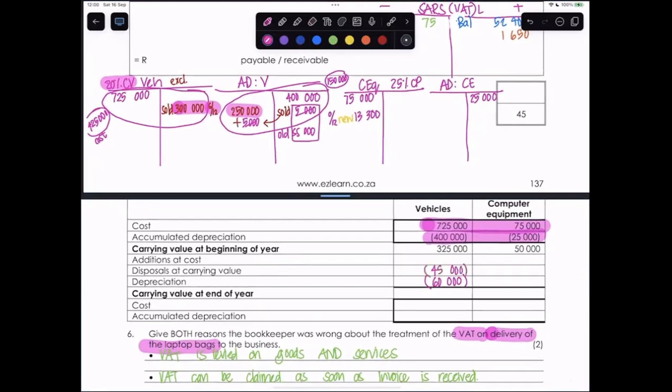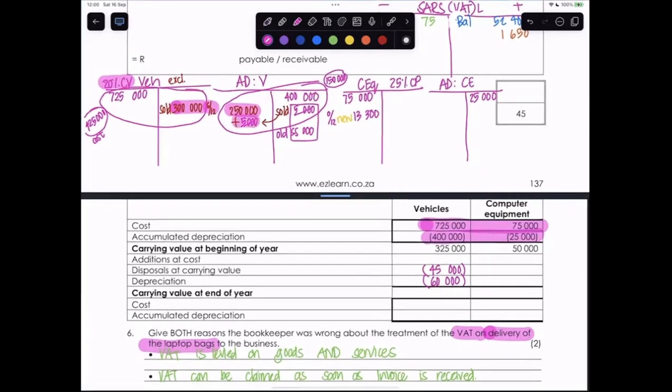You could also have used it by looking at your accumulated depreciation on vehicles, the combination of the 250 and the 5,000, as well as the sold 3,000, and all of those highlighted figures would have given you the 45,000 as well, if you didn't have to do it as a separate calculation. Let's now go and check that we've used everything. In the vehicles account, your new balance would be your 425,000 of the old, because there was no new.